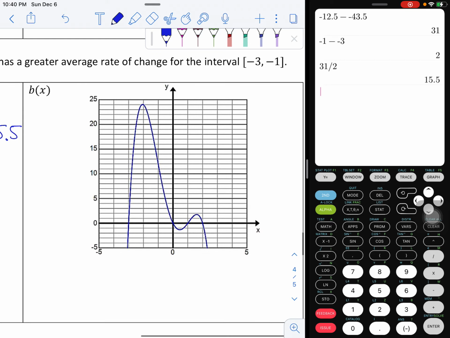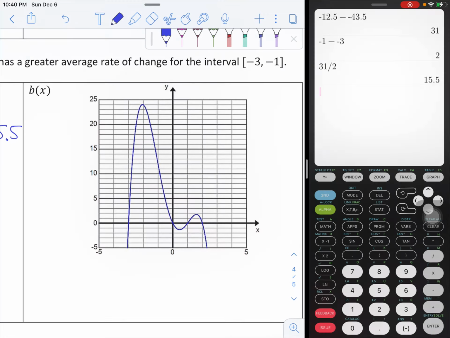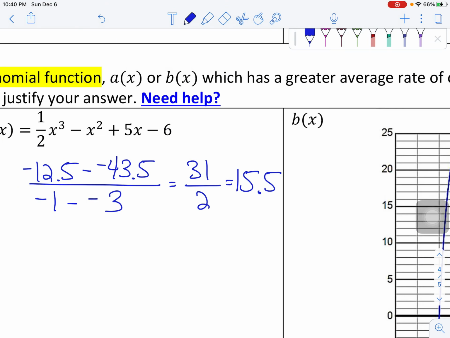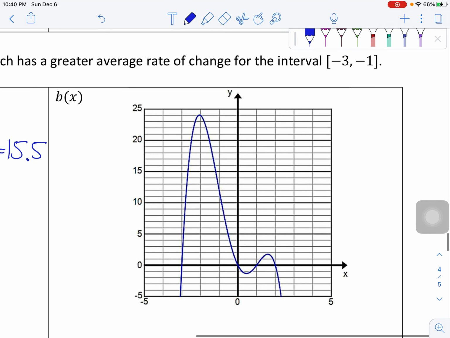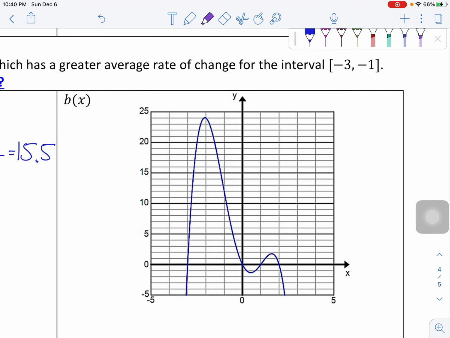All right, so let's see how that compares to the second part, b of x. I'm going to go ahead and clear out Desmos, or that was calculated before. I don't need it anymore. So I want to know what's happening when x is equal to -3 and when x is equal to -1.